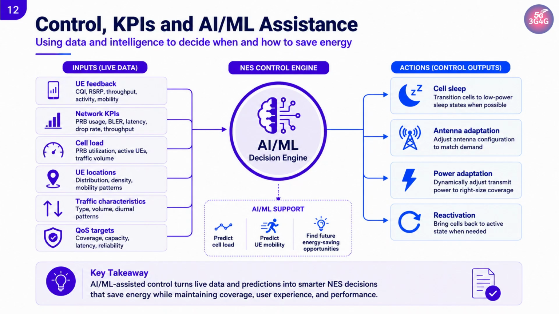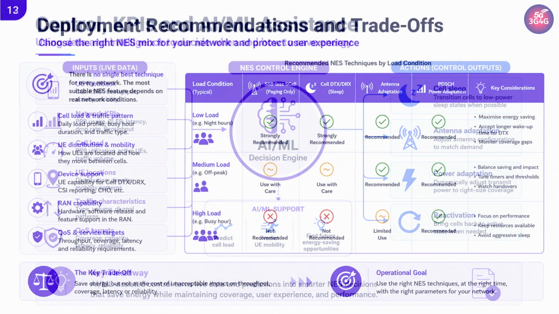The control output could be cell sleep, antenna adaptation, PDSCH power adaptation, or reactivation. The important point is that AI or ML should assist the decision-making process, not replace the need for KPIs and engineering guardrails. Energy saving should be optimized while maintaining coverage, user experience, and performance.